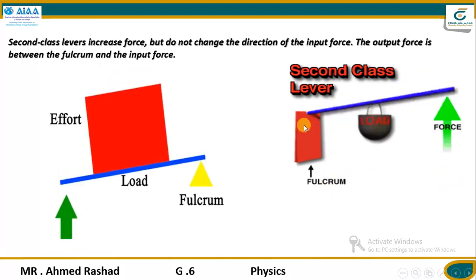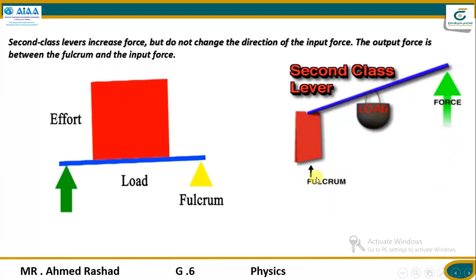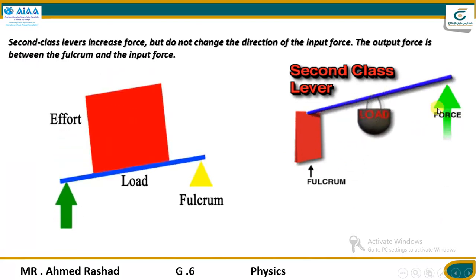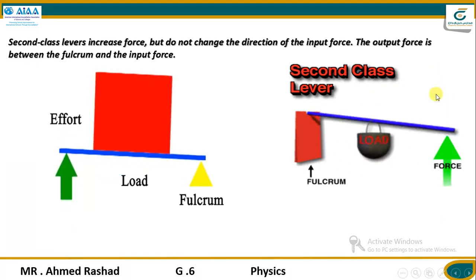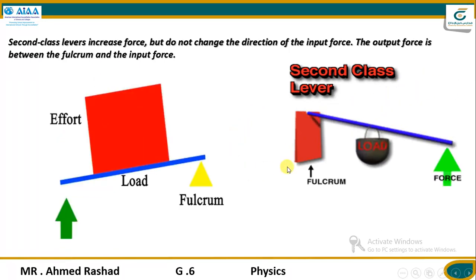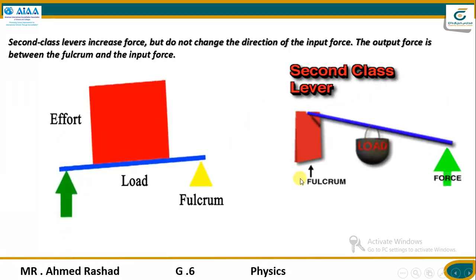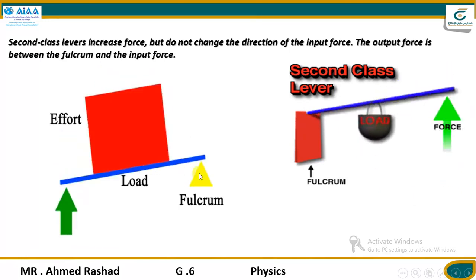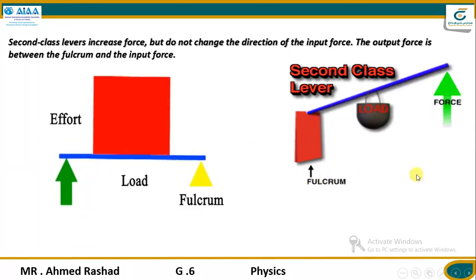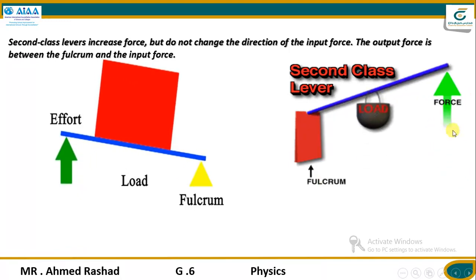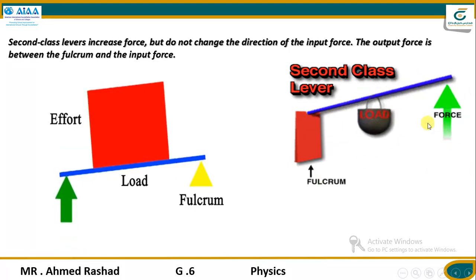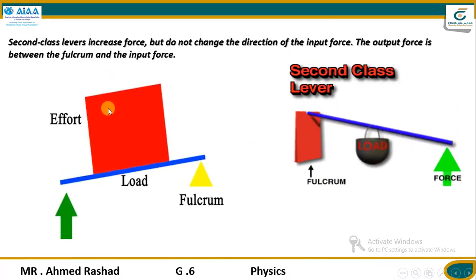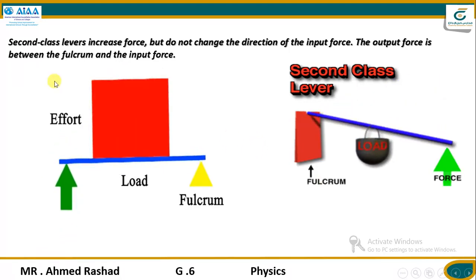Here the fulcrum does not take place between the output force and input force, but on the opposite side of the input force, and between the fulcrum and the input force is found the output force.